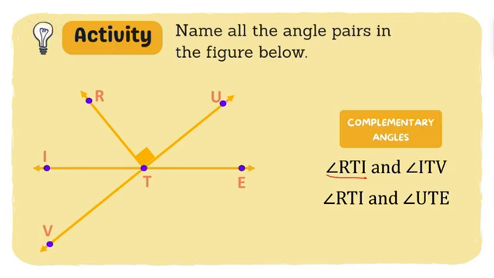So first, angle RTI. This is angle RTI. And angle ITV. This is angle ITV. As we mentioned earlier, they create a 90-degree angle. What else? Angle RTI, ito po. And then angle UTE, which is this angle.